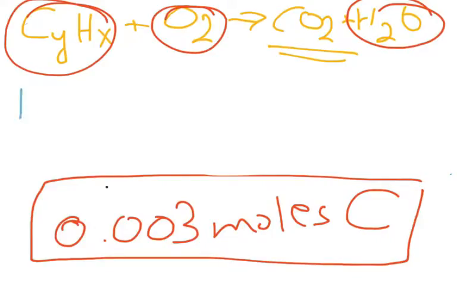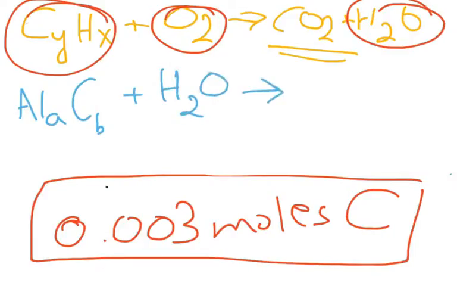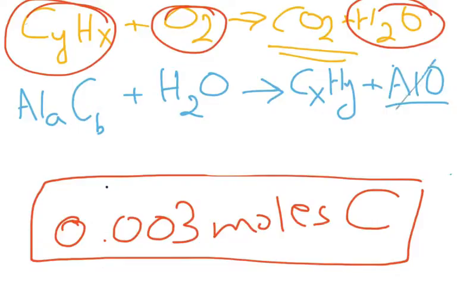But we do have one other thing. So if we put AlX, which is aluminum, and we have carbon, aluminum carbide, and we have them reacting with H2O, and they are going to CXHY, and they are also producing some form of aluminum oxide that we don't care about.